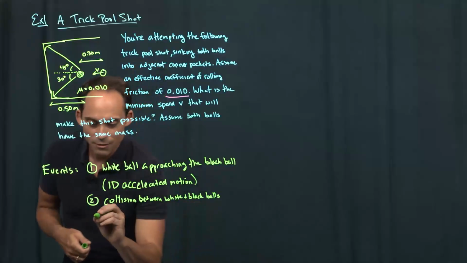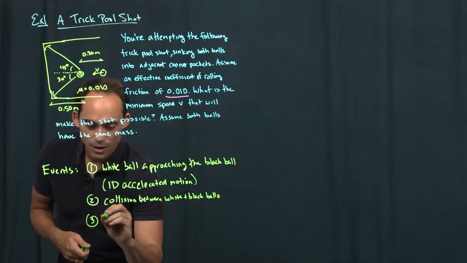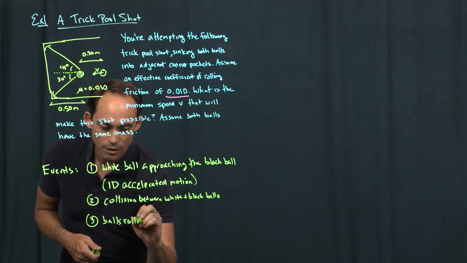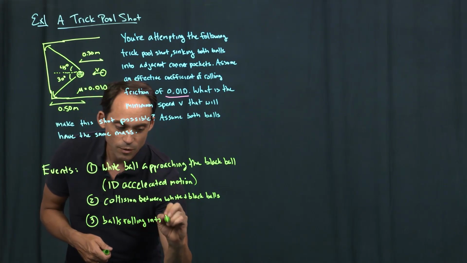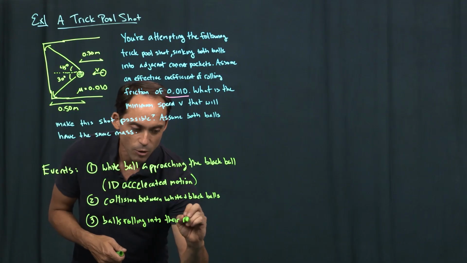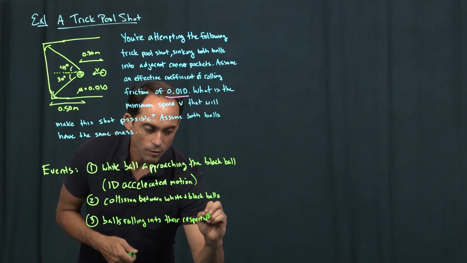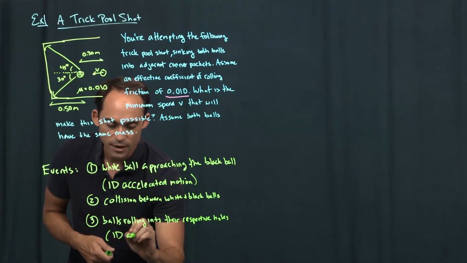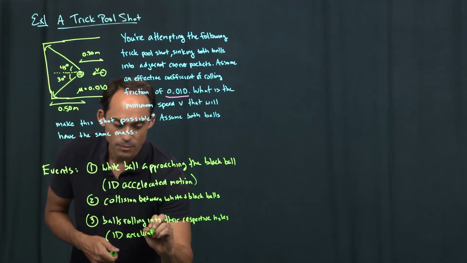And then of course the final act is both balls rolling into their respective holes. And again, this is an example of 1D accelerated motion.